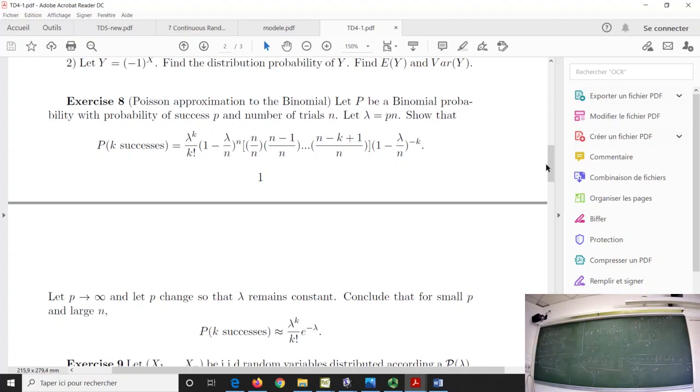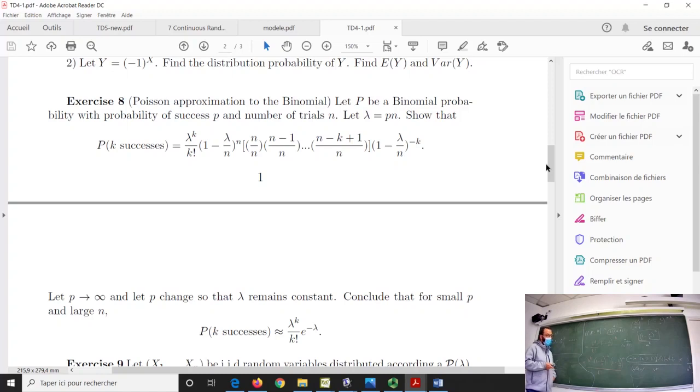Then I have n times n minus 1 until n minus k plus 1 divided by n to the power k. How many terms in this product? Exactly k terms. So I have exactly k terms in this product.